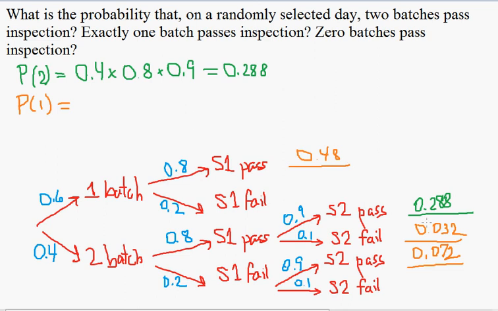And so adding the numbers in orange, I get 0.48 plus 0.032 plus 0.072. So adding, I get 0.584.